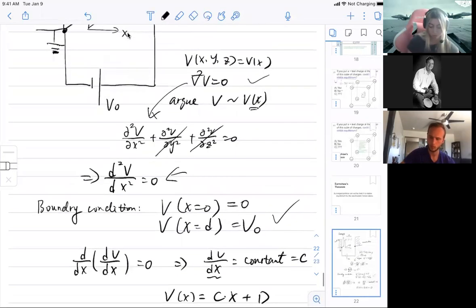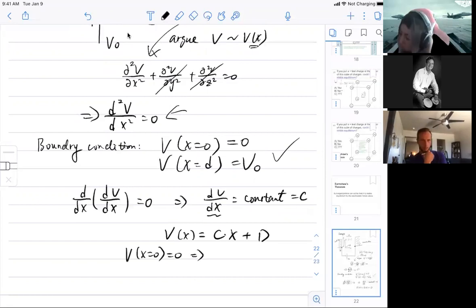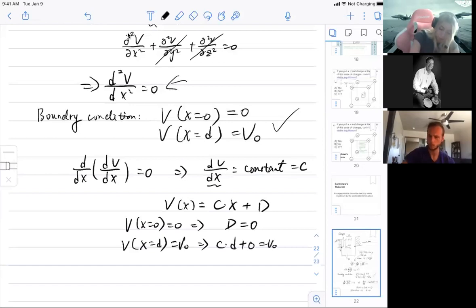And now let's apply the boundary conditions. Let's apply the first one. V at x equals 0 is 0. So c times 0 plus d is 0, which means d is 0. Let's apply the second one. c times d plus 0 is V naught.